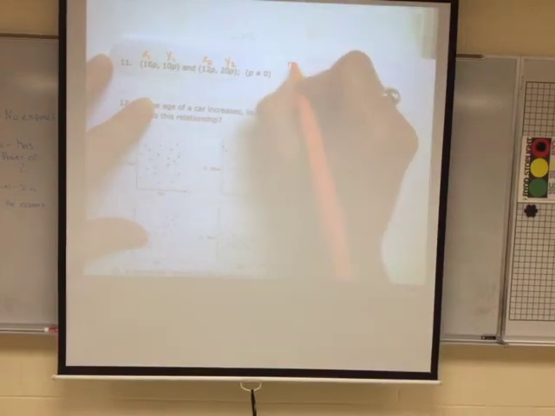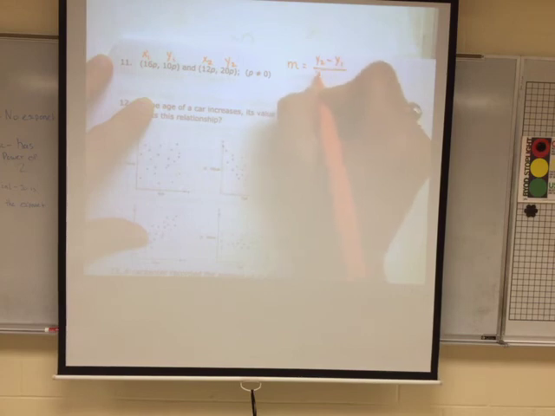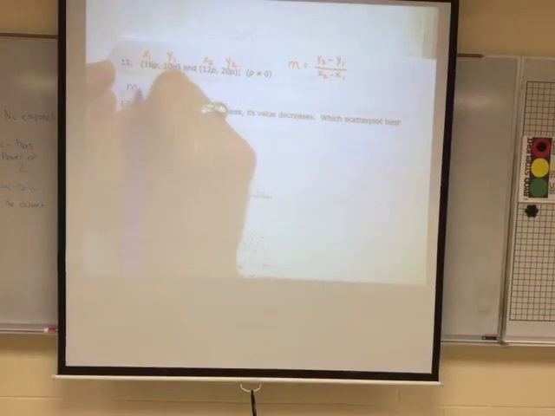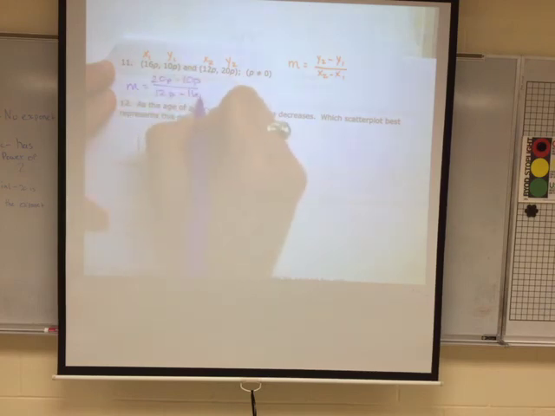We're using that same formula, y2 minus y1 over x2 minus x1. So my slope is 20p minus 10p over 12p minus 16p.